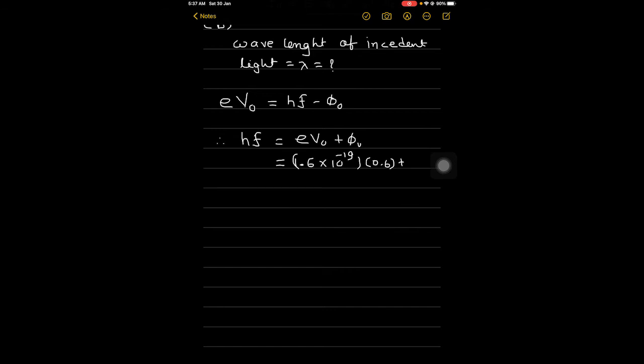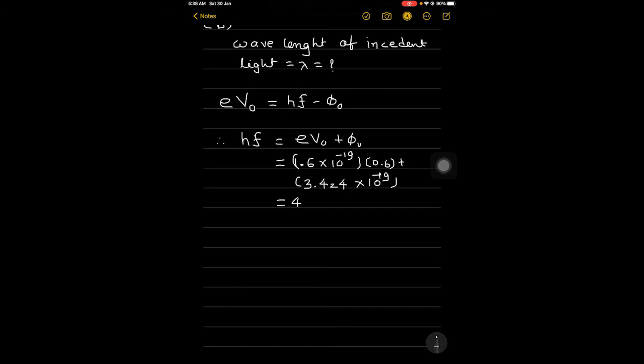So when we sum them up, 1.6 into 0.6 is equal to 0.96, plus 3.424, that will be 4.384.